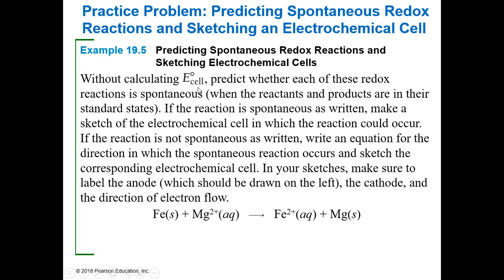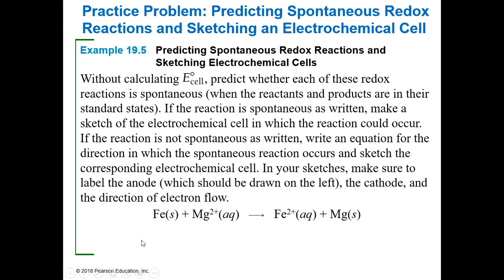So without calculating E naught of our cell, can we predict if this reaction is spontaneous? And if it is, sketch the cell. Well, let's see. What's happening? So our zinc solid, right, is going to zinc 2 plus. So that means what's happening? Is it being oxidized or is it being reduced?